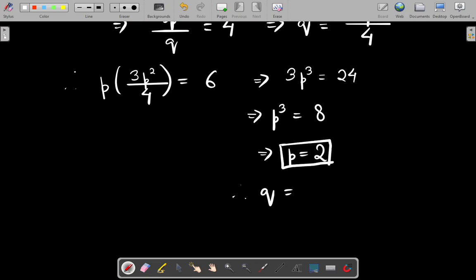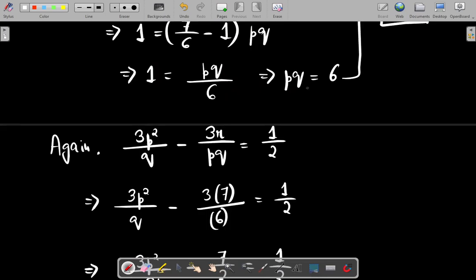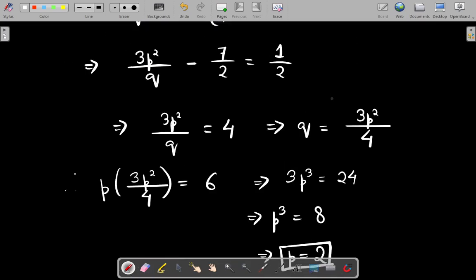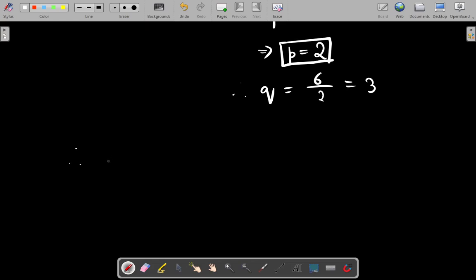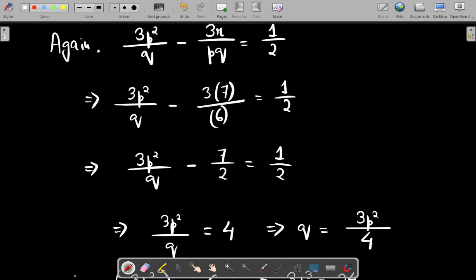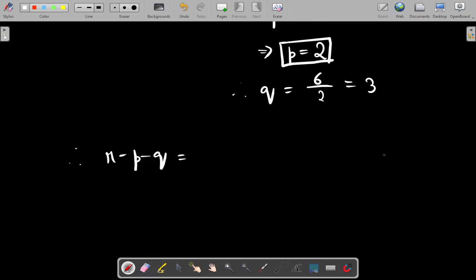Similarly, since pq is 6 and p is 2, q will be 6 upon 2, that is, q is 3. So we have got all the three unknowns. Therefore r minus p minus q will be equal to, r was 7, p is 2, and q is 3. So 7 minus 2 minus 3, which is 7 minus 5, which is 2. So this is the required final answer.